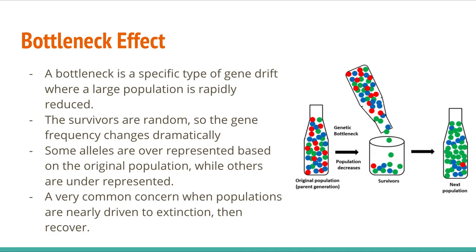But even if the population comes back up to its original size, they have lost genetic diversity. There's not really a good way to help with that, and loss of biodiversity means loss of resilience to environmental changes.